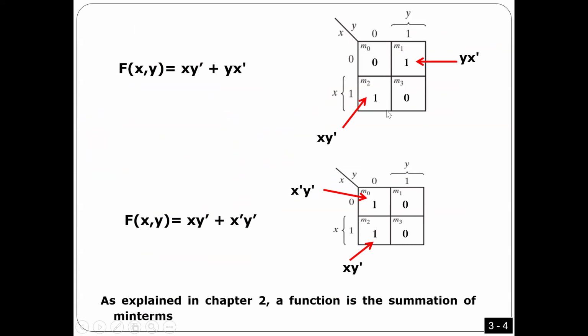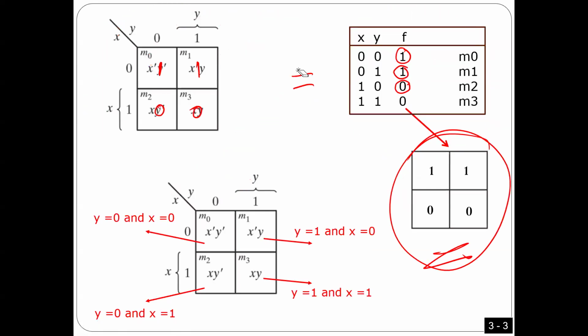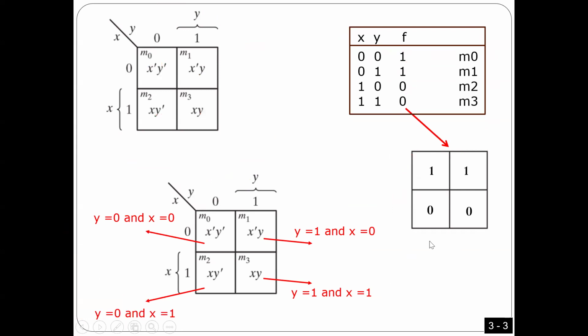For example, as I said before, guys, number 1, remember what I said because this was really a very important topic, and that's what I'm going to test you on today. So you have min terms. For example, in this function, the min term here is x prime, y prime, and here you have x prime, y. And I told you any function is actually the summation, the OR, of the min terms. So in this case it should be m0 or m1. That's what I said.